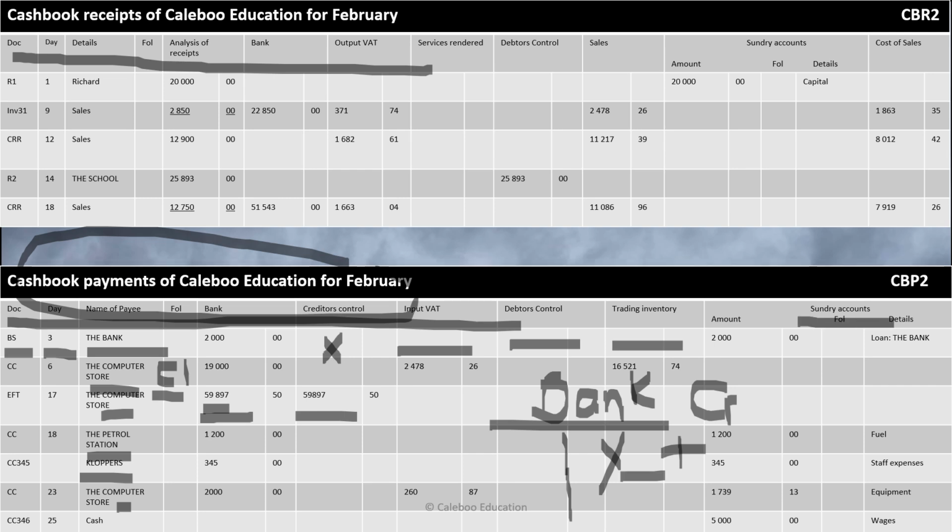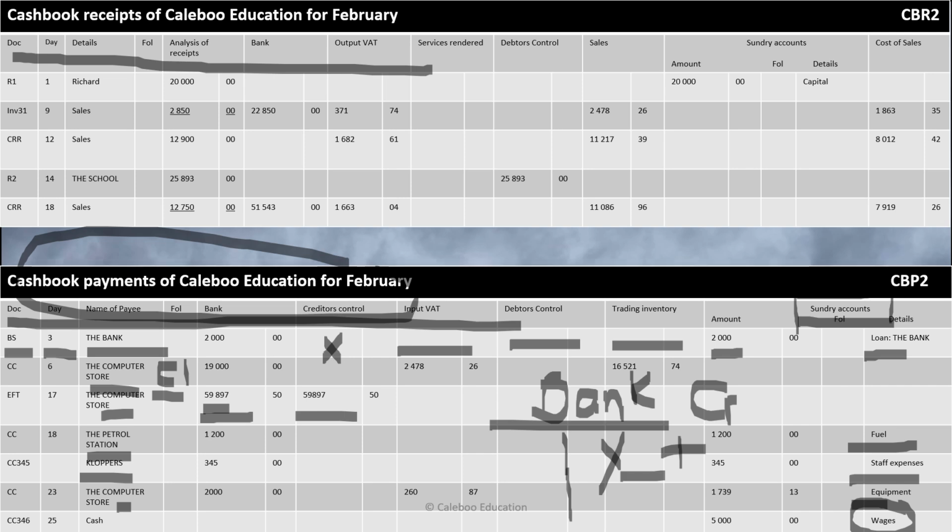Then if a transaction doesn't happen on a regular basis, there's a column for sundry, and under sundry you're going to have transactions, for example, a repayment of the loan, an installment on the loan, the purchase of fuel, a staff expense, purchasing the odd equipment. Wages could have warranted its own column, as wages are paid on a weekly basis. So those are the column headings.